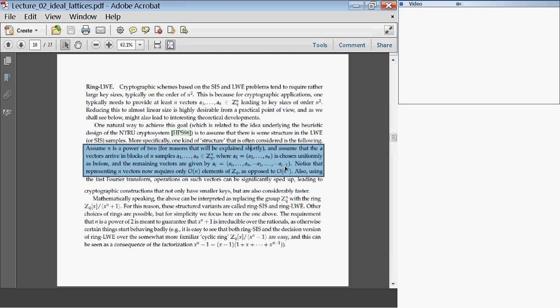This is to reuse the components of the vector to formulate all other vectors. And this reduces the dimension of the problem we're dealing with. So in other words, we're dealing not with n squared elements, but simply with n elements.